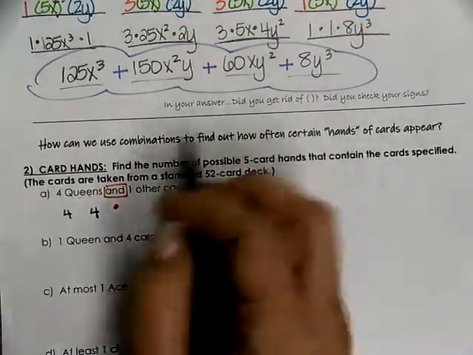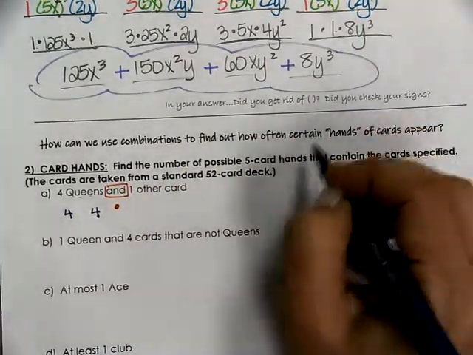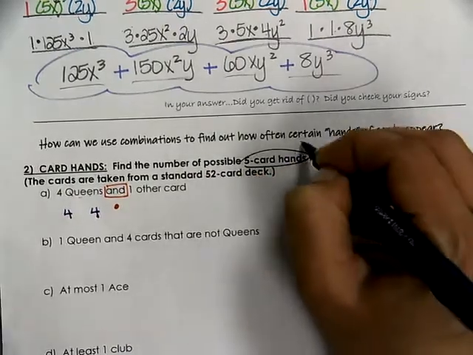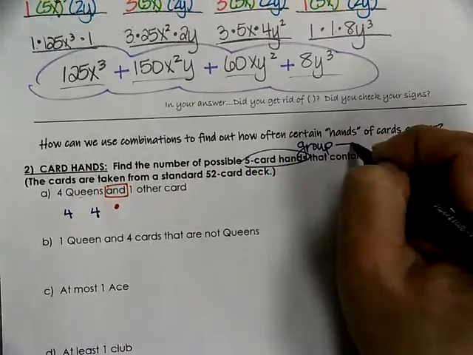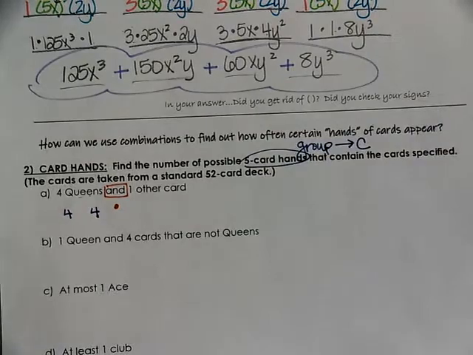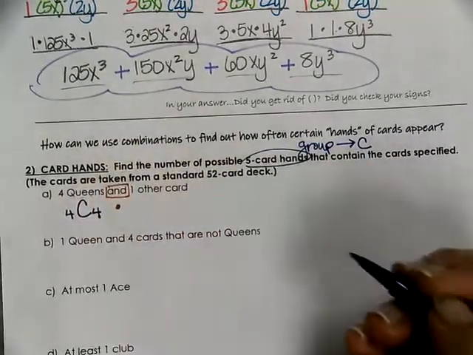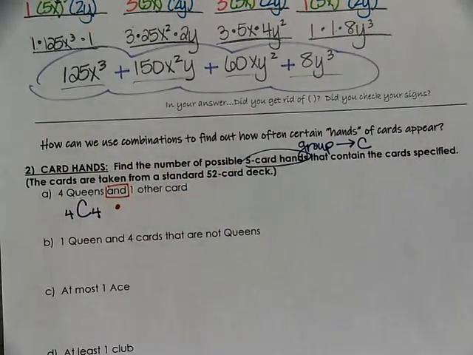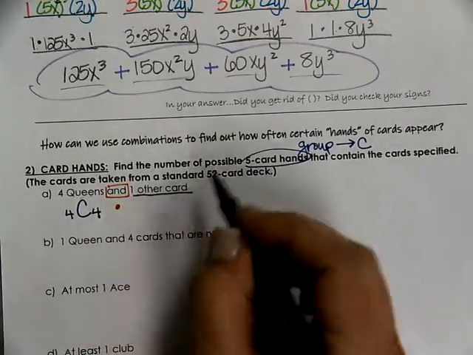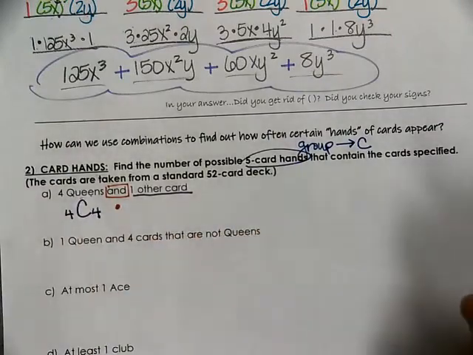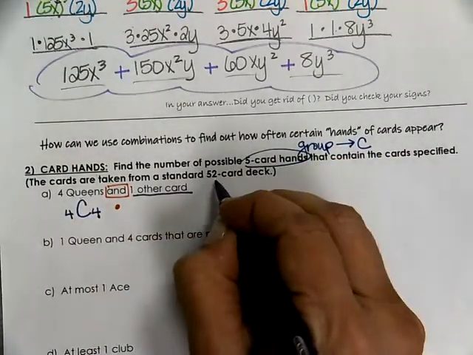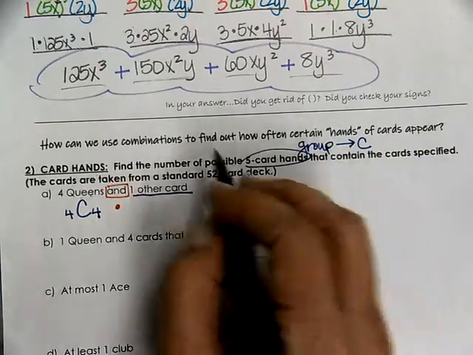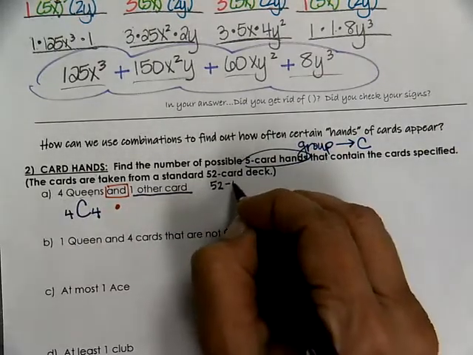And when we have a hand of cards, you guys, a hand of cards is a group. And because it's a group, that means that we're going to use a combination. So the 4 queens are going to be 4C4. Now notice then it talks about other cards. When it talks about other cards, it means cards other than a queen. Well, remember that there were 52 cards total, and we're talking about cards other than queens.